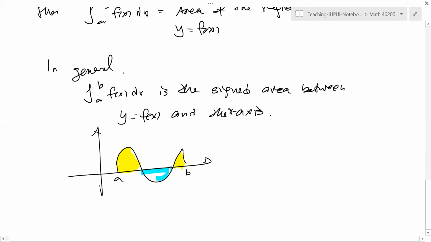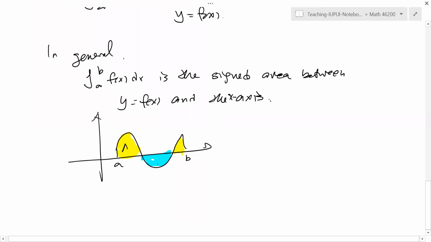So there are three regions between the curve and the x-axis. Now, if the area of each region, always positive, is denoted A1, A2, A3, then the integral of this function is going to be A1, minus A2, because it's signed, plus A3.